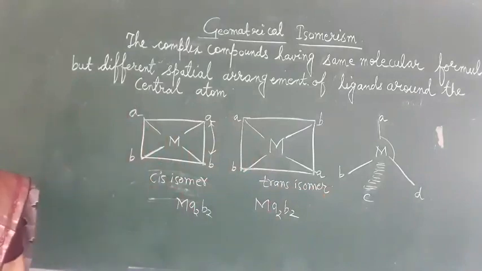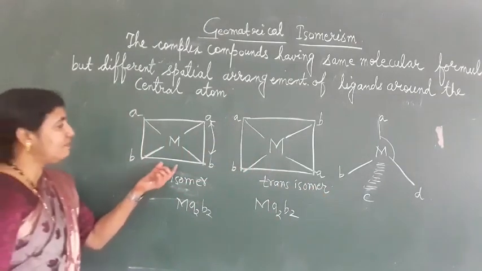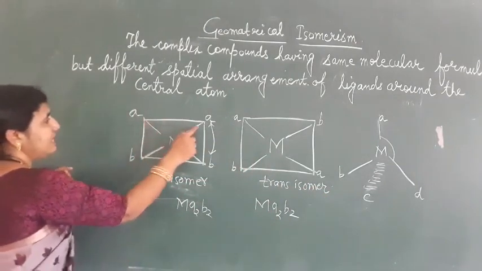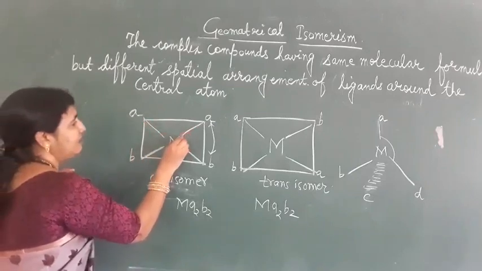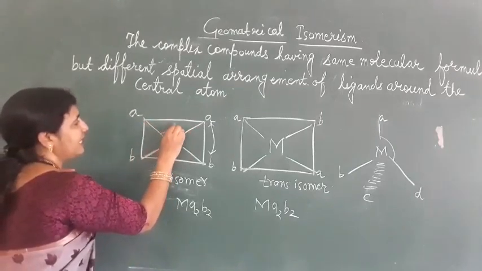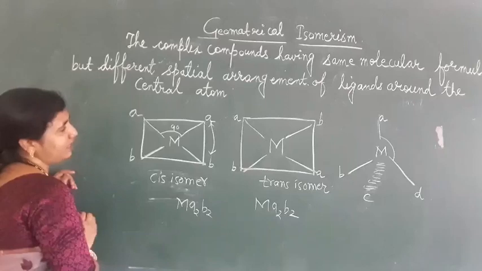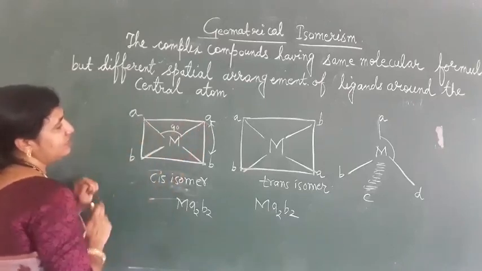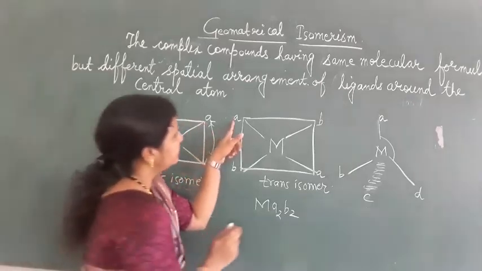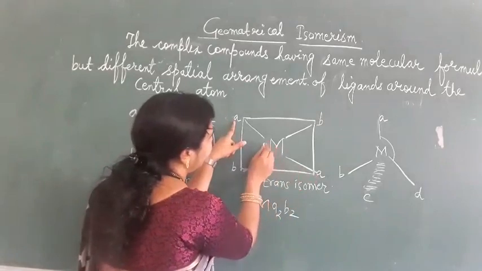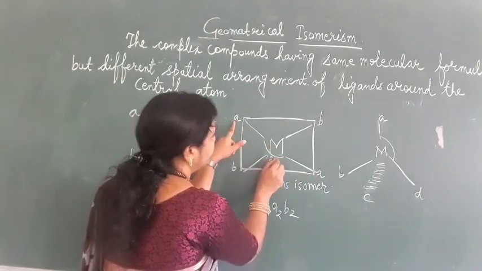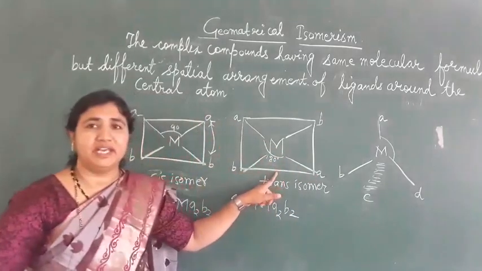Now if you see carefully in the picture, what is the angle between these two ligands? 90-degree angle here. They are adjacent to each other. And if you see this A and this A here, what is the angle? 180 here.